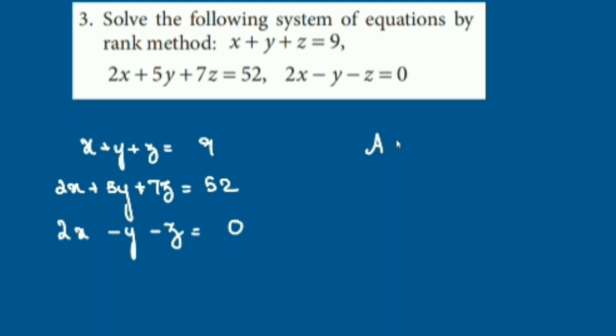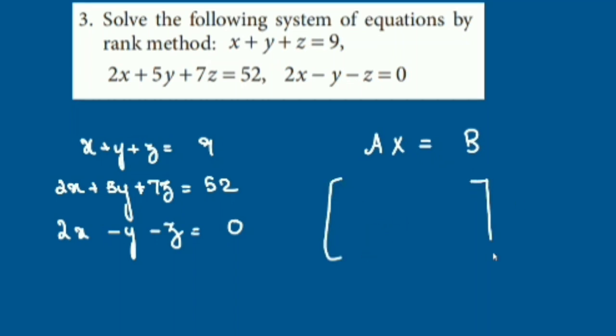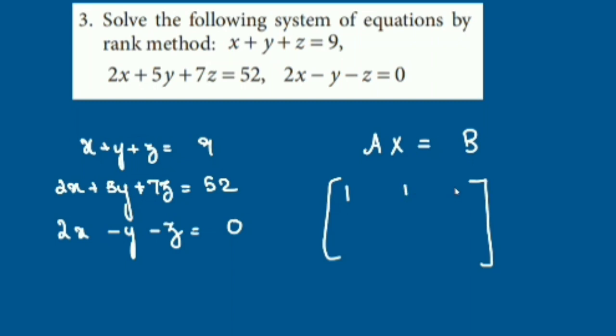You are going to write it as AX equal to B. So what is matrix A? Matrix A is the coefficient matrix. Can you see the coefficient of x is 1, the coefficient of y is 1, and z is also 1.